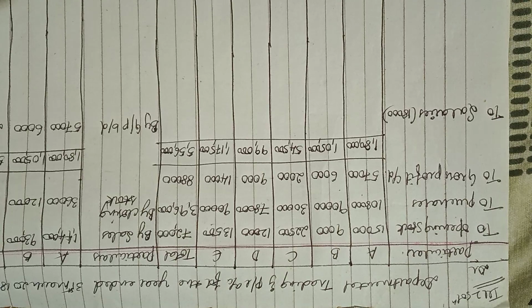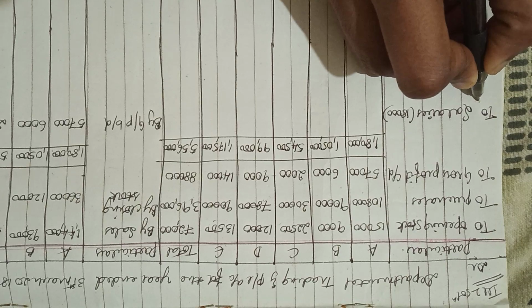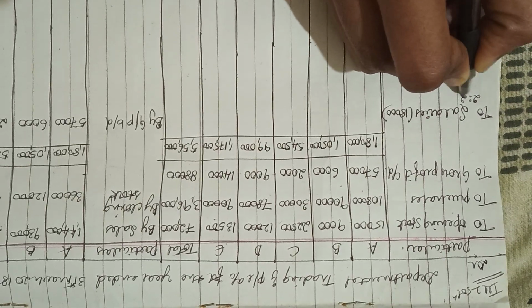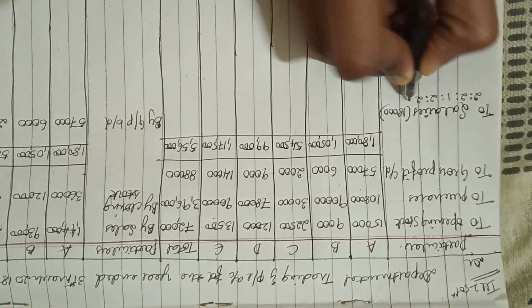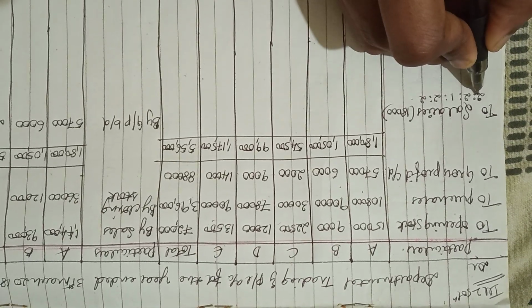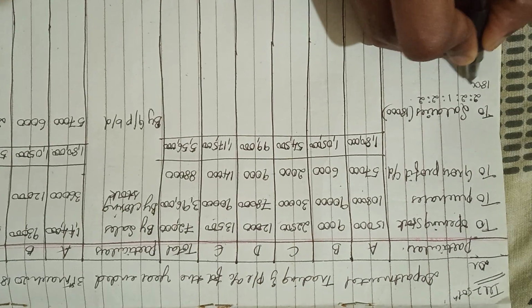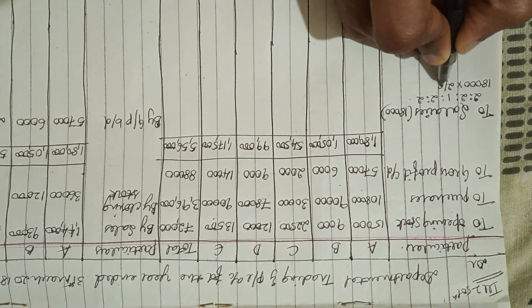They said expenses are to be apportioned based on the proportion of cost of goods sold. So we found out what the cost of goods sold is. That is, the ratio is 2:2:1:2:2, isn't it?